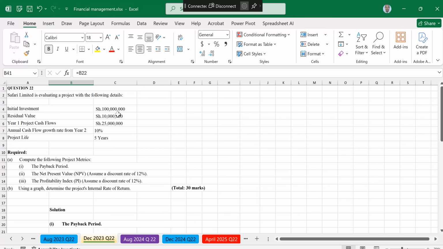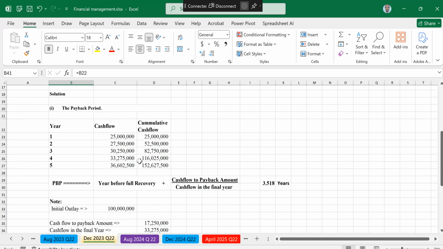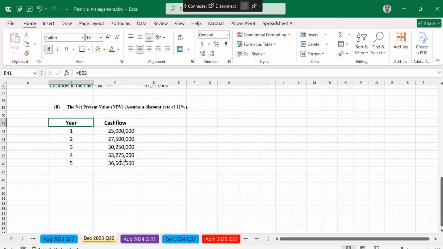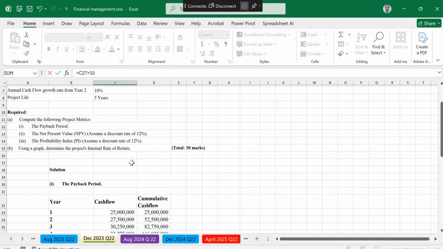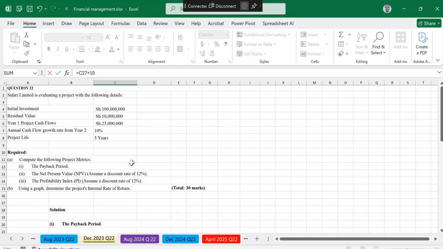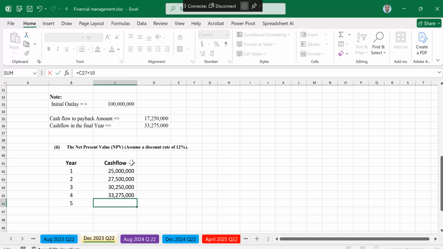So go under NPV in year 5, double click and add plus 10 million.